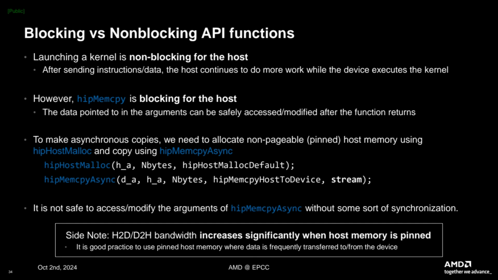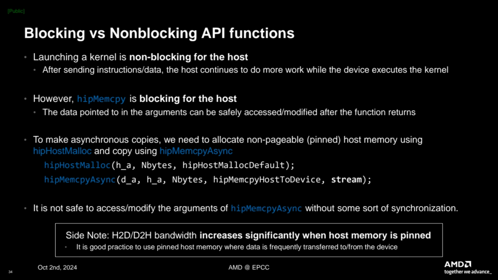Okay, so something else to be aware of is the concept of non-blocking and blocking API calls, meaning for the host. A call that is blocking for the host means that the host will not do anything until the call has finished, basically, until the work initiated by the call is finished.